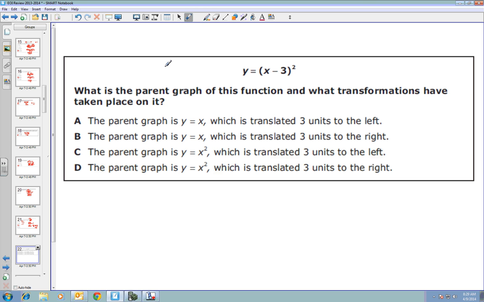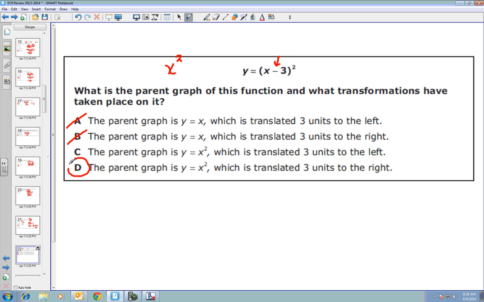Y equals x squared is my parent graph. If I have a parabola, my parent graph is always x squared. So I can automatically count out A and B. Then I just have to figure out when I graph this, is it translated 3 units to the left or 3 units to the right? It's going to be to the right because it's always opposite the sign.